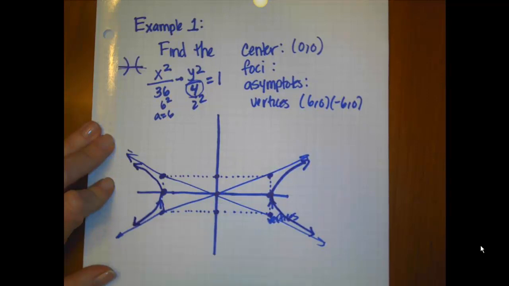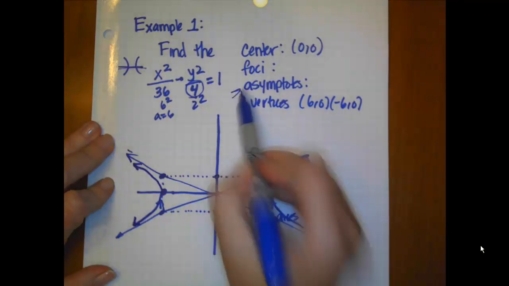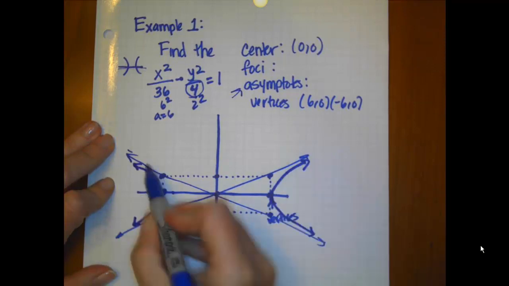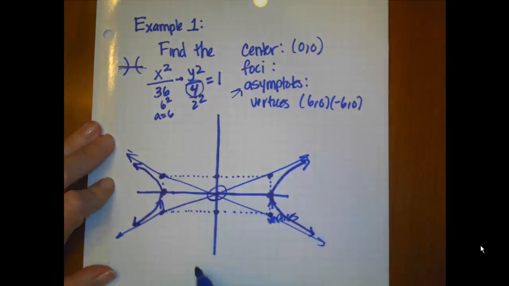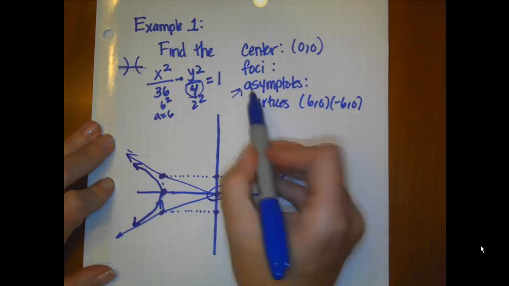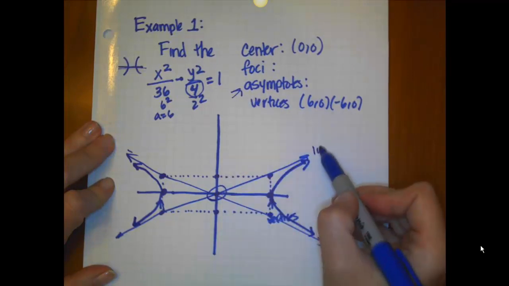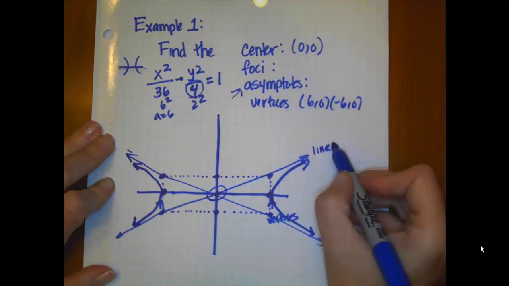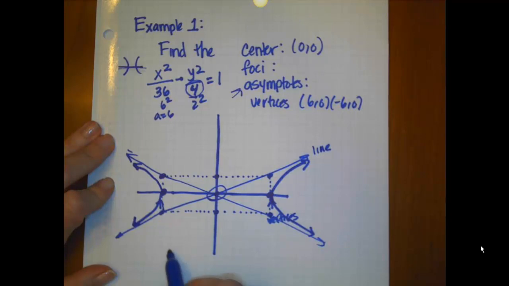Okay. So when I want to find the equation of the asymptotes, the common point between both of those lines that are the asymptotes is the center, (0, 0). And an asymptote is a line, and so we need to construct an equation of a line. When you determine the equation of a line, you need two things. I need a point, and the point I'm going to use is (0, 0).